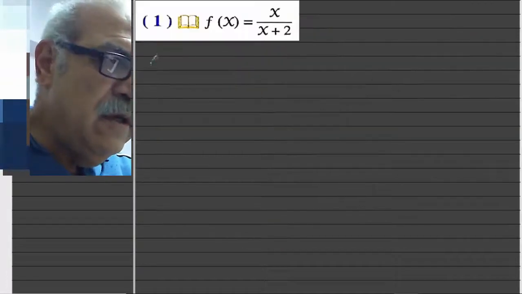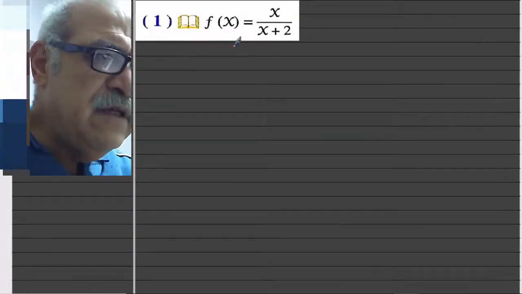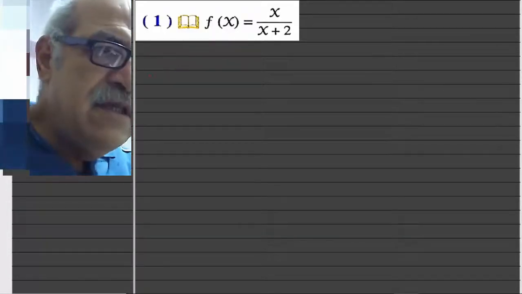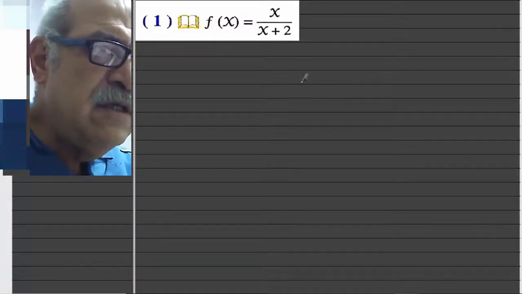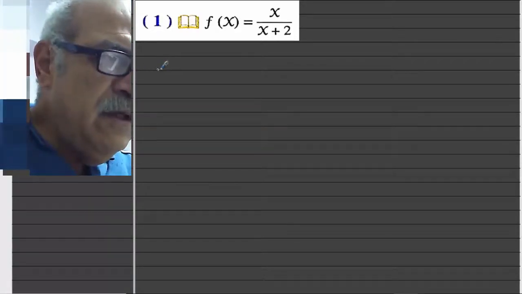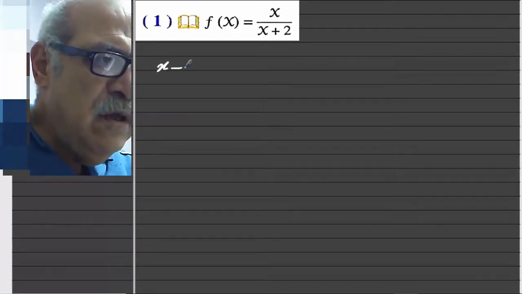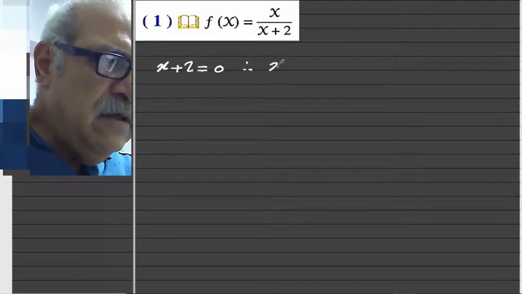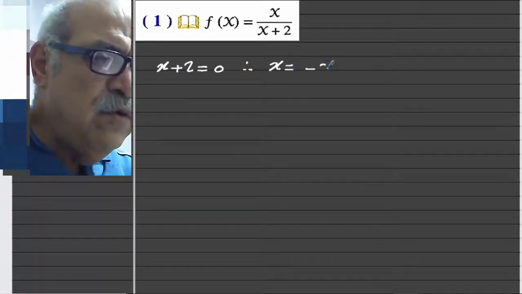Next page. Here we have f of x equals x over x plus 2. The first step here, we must determine the domain of the function. So putting x plus 2 equals 0, then x equals negative 2.